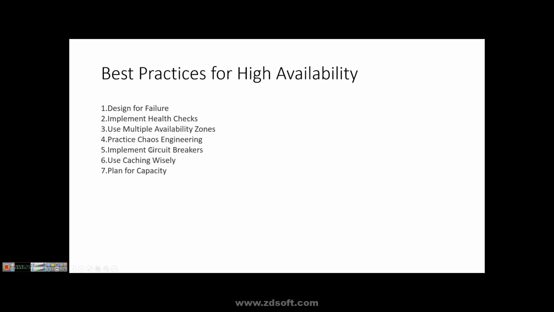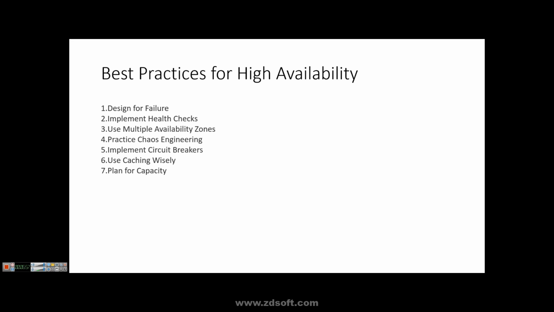Fourth is practice chaos engineering. What is meant by this? We should intentionally introduce failures in our system to test its resilience. So it comes from our end itself. We include some breakage in our system, and we check whether the system is able to handle it or not. Fifth is implement circuit breakers. If any component in between fails, we should prevent the cascading of failures by quickly cutting off that problematic service.